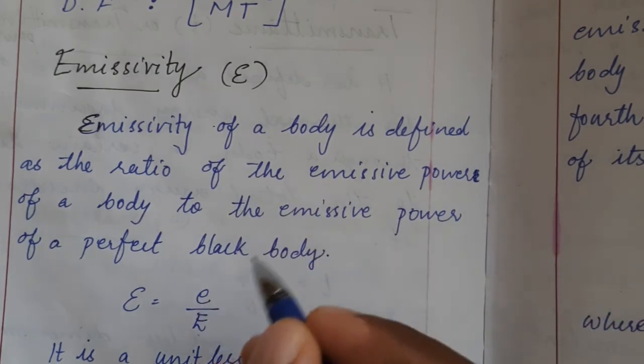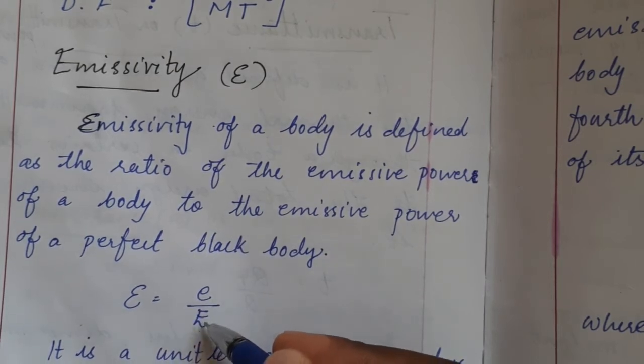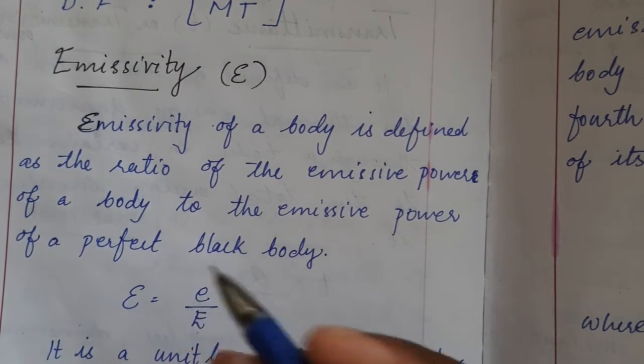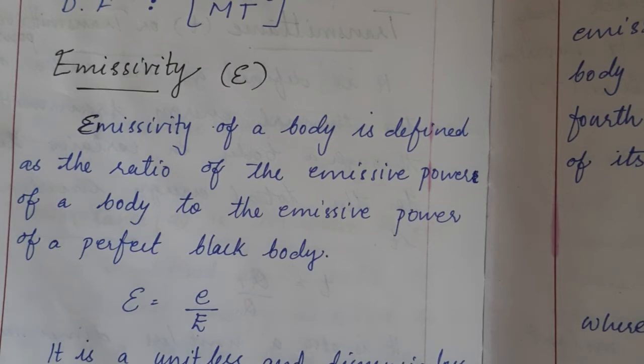For a black body, this emissivity is 1. For other bodies, emissivity will be less than 1. The black body is an object which will neither reflect nor transmit heat energy, but completely absorb the whole heat energy.